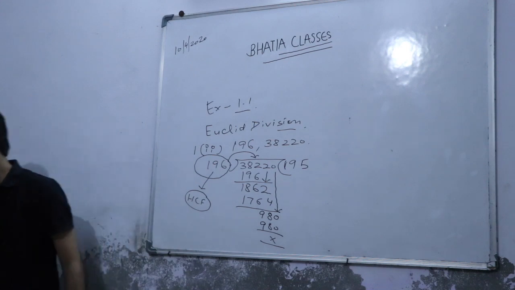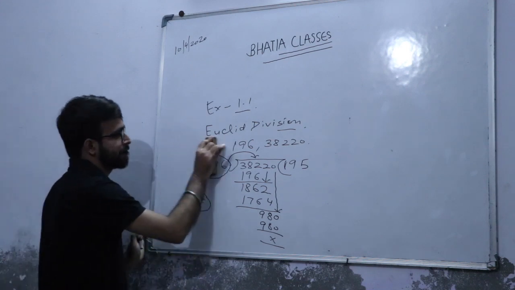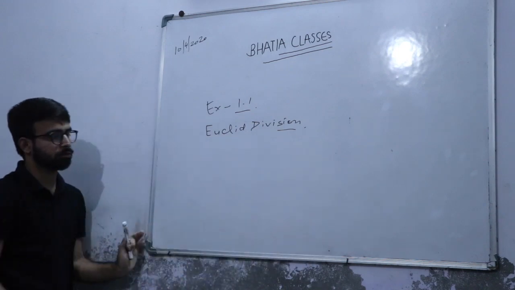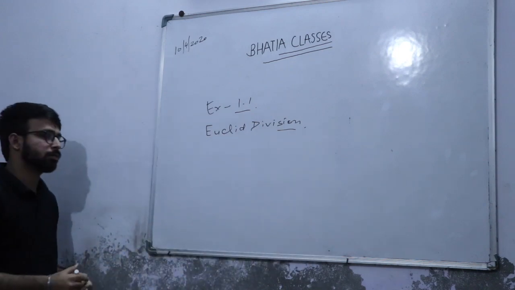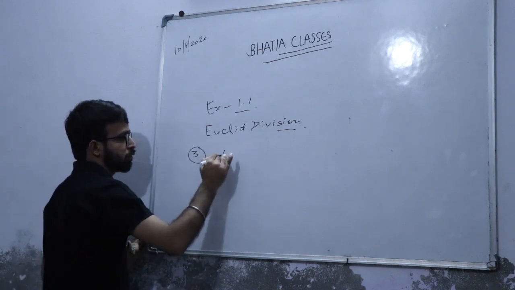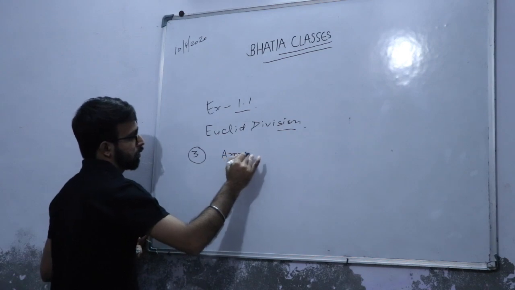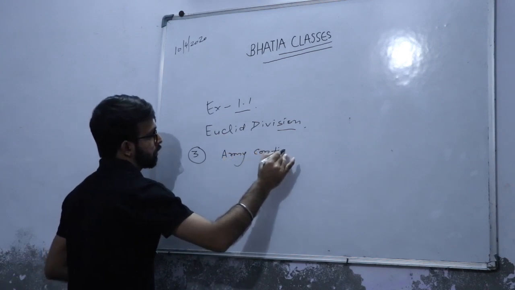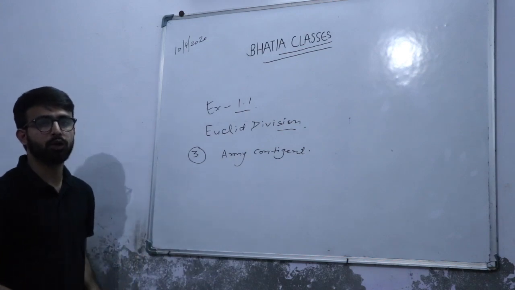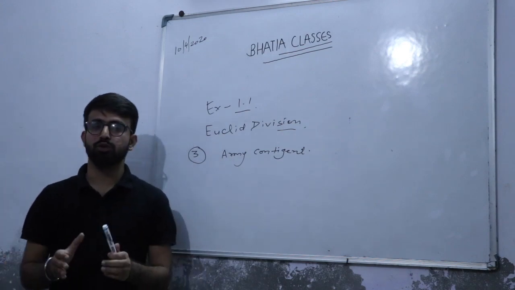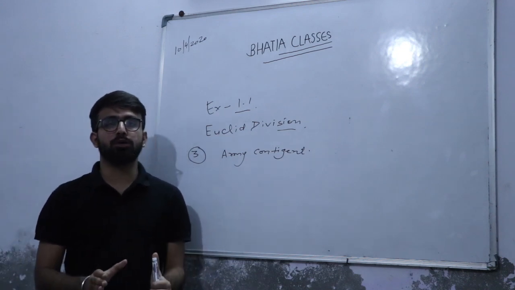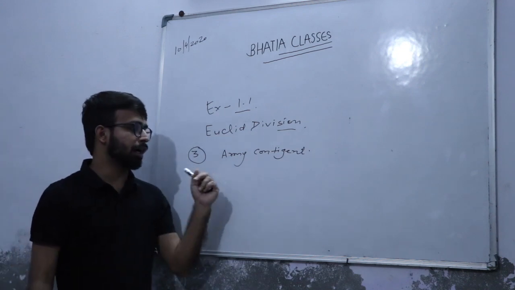Next. I will show the third sum first. Third sum based on army contingent. In this example, 32 members of band are to be followed by 616 members of the army contingent.